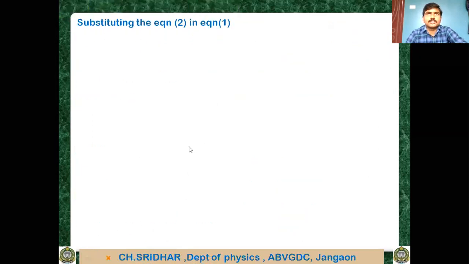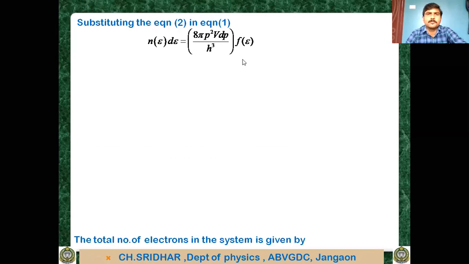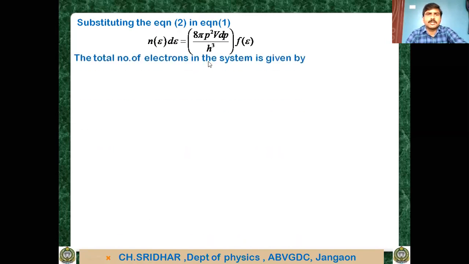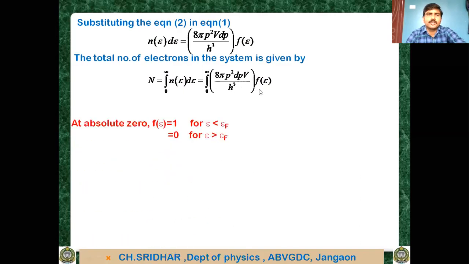So substituting equation 2 in equation 1, we have N(E) dE equal to 8 pi p squared V dp by h cubed into F(E). And the total number of electrons in the system is given by N equals integral 0 to infinity N(E) dE, equal to integral 0 to infinity 8 pi p squared dp V divided by h cubed into F(E).